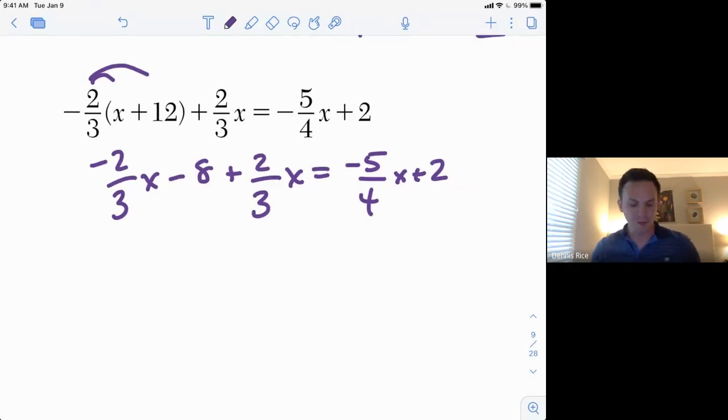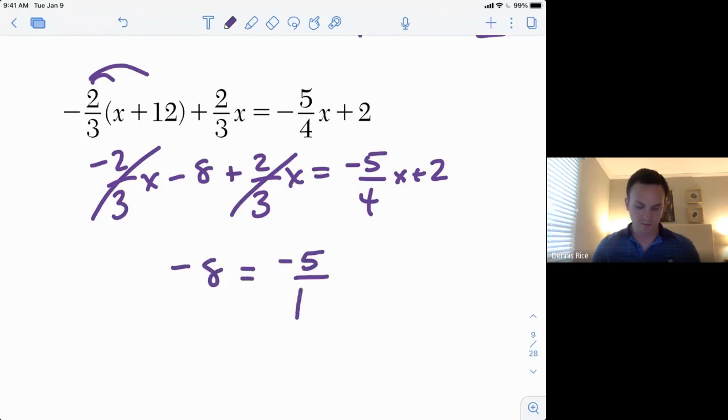Okay. When you combine your two x's here, I have negative 2/3 plus 2/3. Those are just 0. This one's actually easier than meets the eye. Okay. We get negative 10 when we move the 2 over.